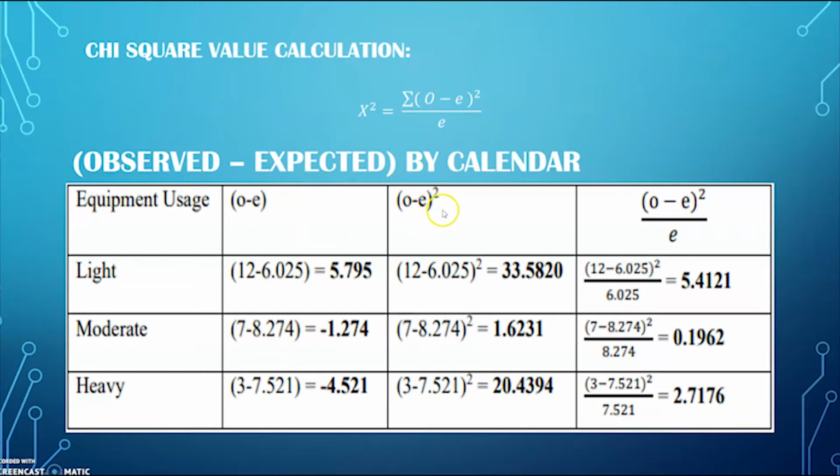The second column, we calculate observed minus expected squared. And the third column, we calculate observed minus expected squared over expected. For the light one, it is equal to 5.4121. For the moderate, the value is 0.1962. And the heavy one is 2.7176.